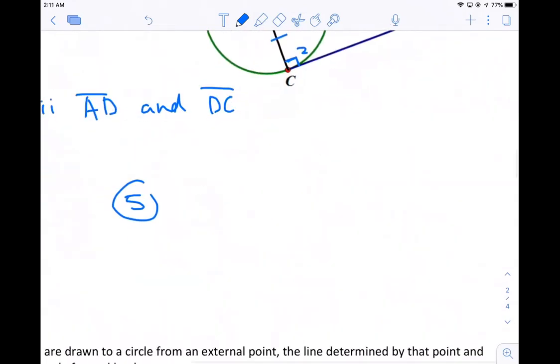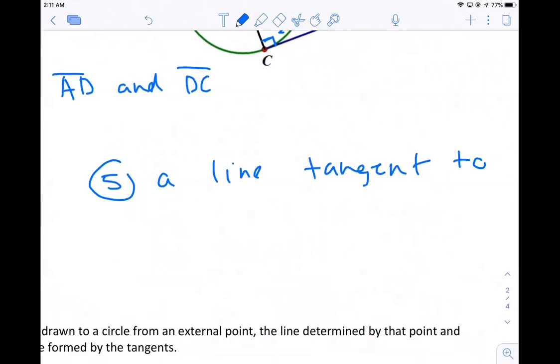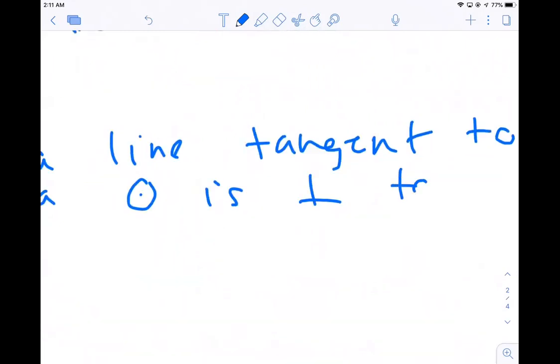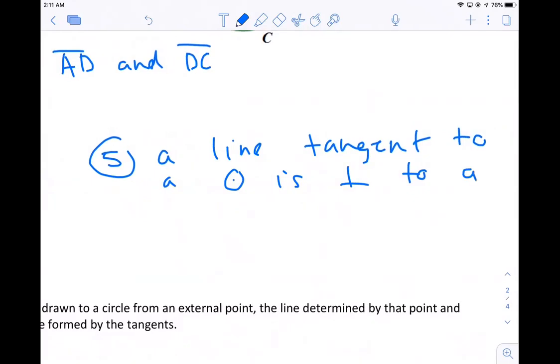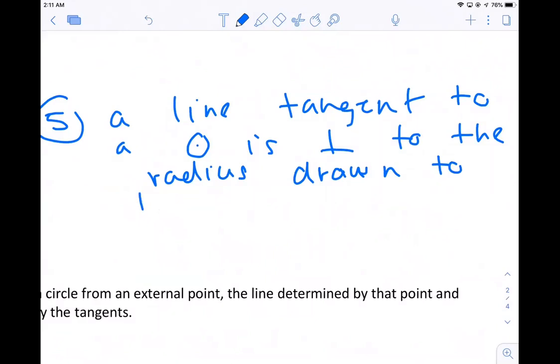So a line tangent to a circle is perpendicular to the radius drawn to the point of tangency.